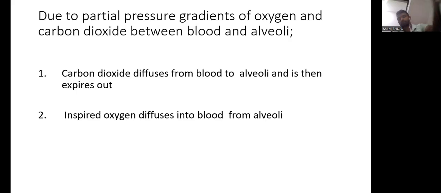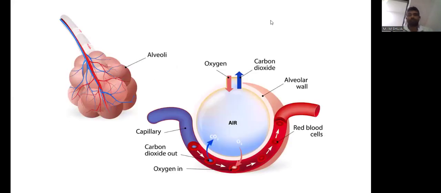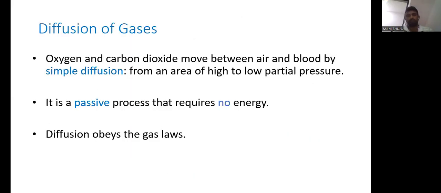Oxygen comes from the environment to the alveoli and diffuses to the pulmonary circulation. This is your pulmonary circulation and alveoli: oxygen comes in, carbon dioxide goes out or is washed out from your system. Simple diffusion is passive, no energy needed.